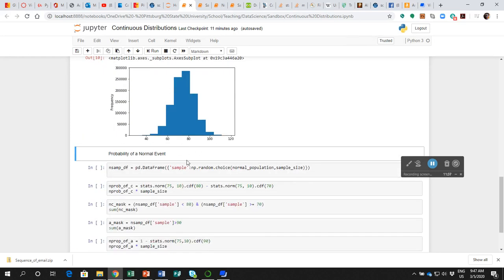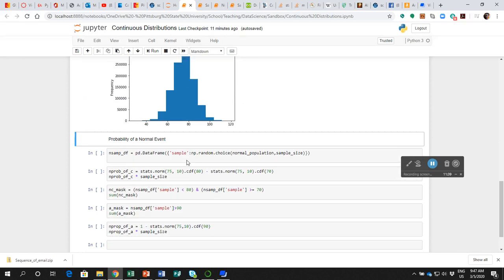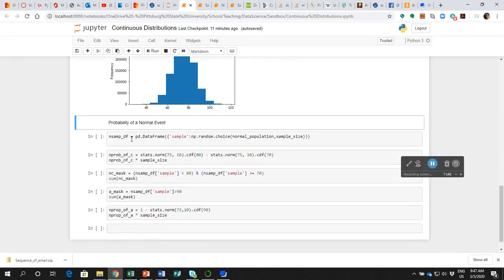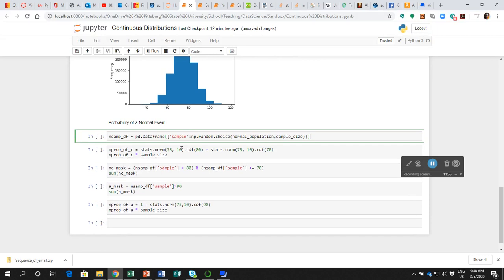This is what they look like when you find them in the wild. Now, as before, I'm taking a sample from this of sample size 1000, putting it into its own data frame.